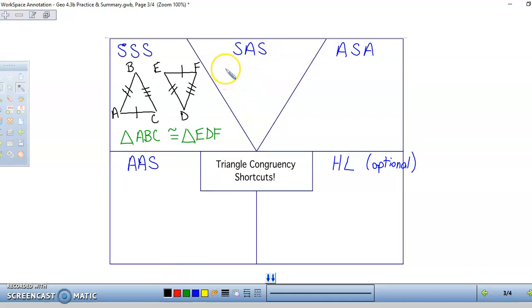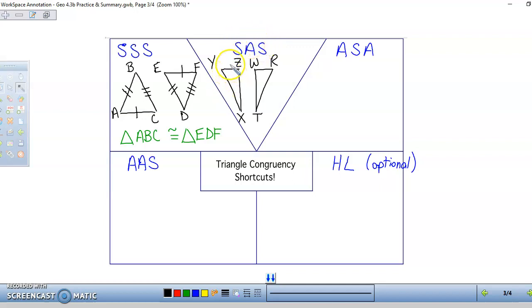Again, I'm going to draw a couple of triangles. Maybe I'll draw them like this time, so they fit well. Let's say this is X, this is Y, and this is Z, and then this is W, and then this is R and T. Those are just made up letters. So for side, angle, side, I am obviously going to have 2 of the sides marked.